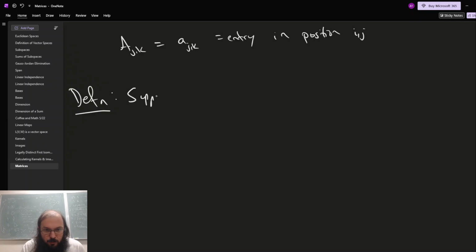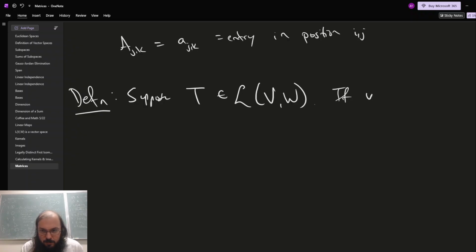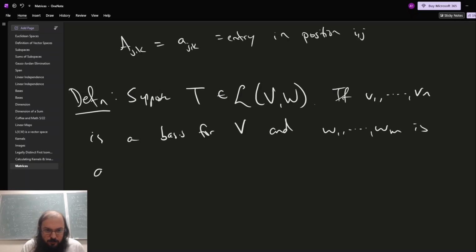Suppose that you have some linear map between two vector spaces, let's say T in L(V, W). If v_1 through v_n is a basis for V, and w_1 through w_m is a basis for W, then we can represent T as follows.